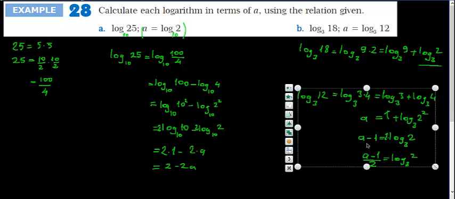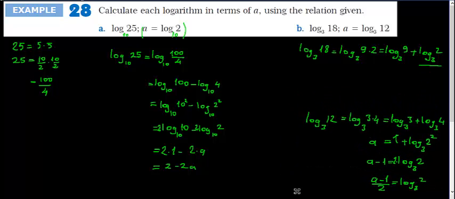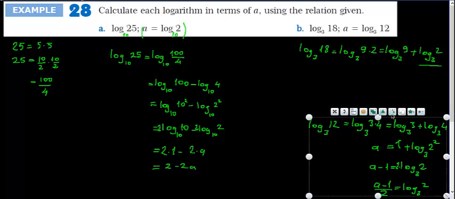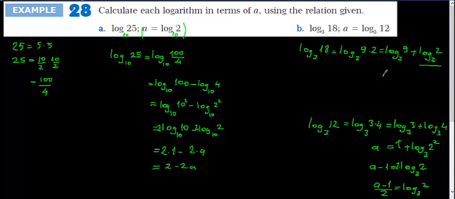Okay, then here if we get this one a bit down, I'm going to continue to this expression. It is going to be equal to logarithm base 3 of 3 square, which is equal to 2, plus this expression, which is going to be equal to a minus 1 over 2.